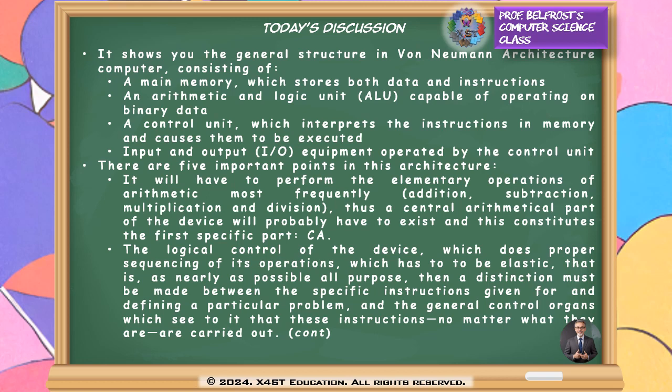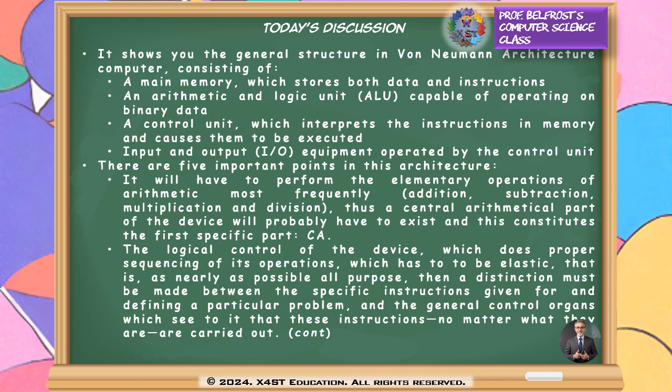The third one is a control unit which interprets the instructions in memory and causes them to be executed sequentially, except when there is some jump instruction that causes the instructions not to be executed sequentially. And the fourth one is input and output equipment operated by the control unit. So the control unit is a very important part of a computer.